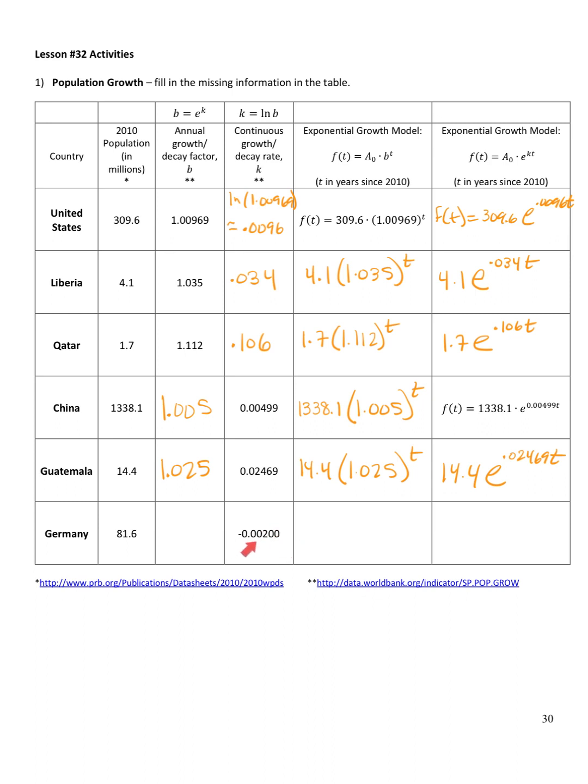I'm going to do e to this value, e to the negative 0.002, and I get 0.998 as my growth or my decay factor. So now I'm just going to plug into my two formulas. So I have A naught times b to the t, and then I have A naught e to the kt.